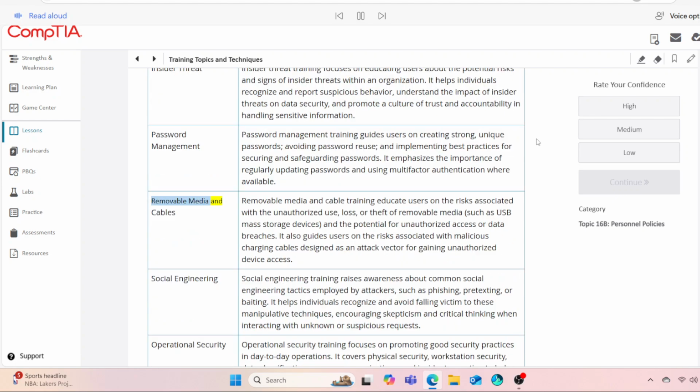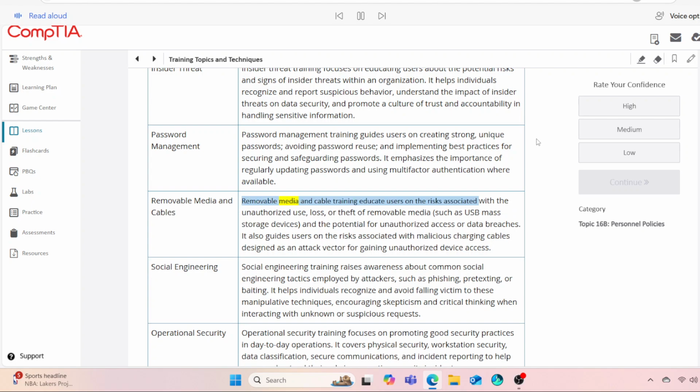Removable media and cables. Removable media and cable training educate users on the risks associated with the unauthorized use, loss, or theft of removable media, such as USB mass storage devices, and the potential for unauthorized access or data breaches. It also guides users on the risks associated with malicious charging cables designed as an attack vector for gaining unauthorized device access.